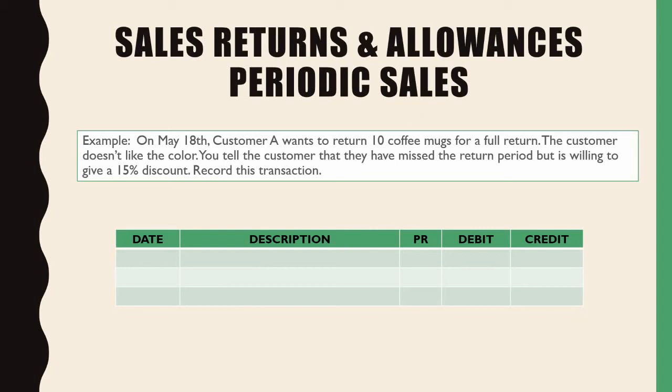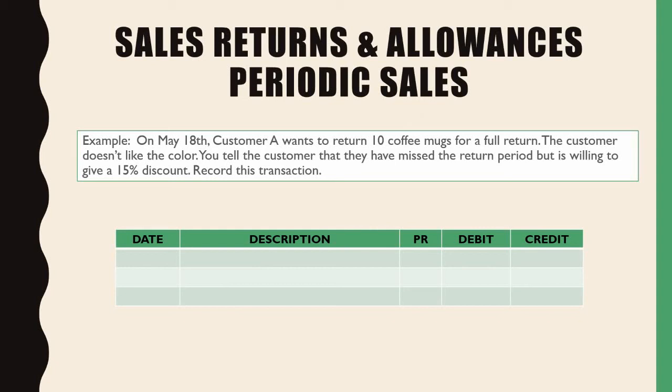So therefore, even though you're giving them a 15% discount, sales tax is based off of the total amount of selling price. So in this case, you do need to give them that tiny small portion of their sales tax back. It's as if you sold the product to them at a discounted price. You're still going to charge them sales tax no matter what.